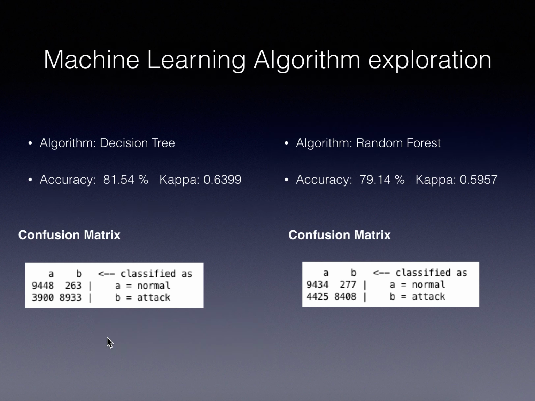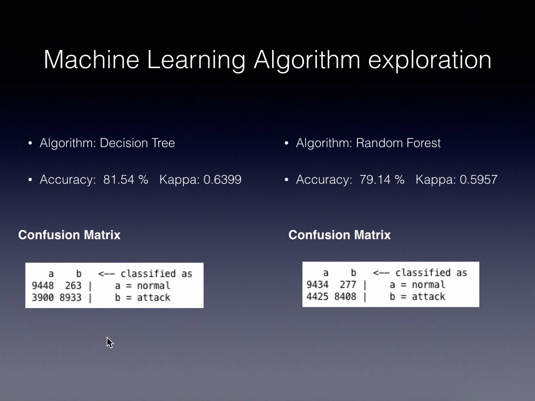Then I do some machine learning algorithm exploration and try some different kinds of machine learning algorithms. Because this is a classification problem with 41 features, a decision tree is a reasonable guess, and here I perform decision tree.